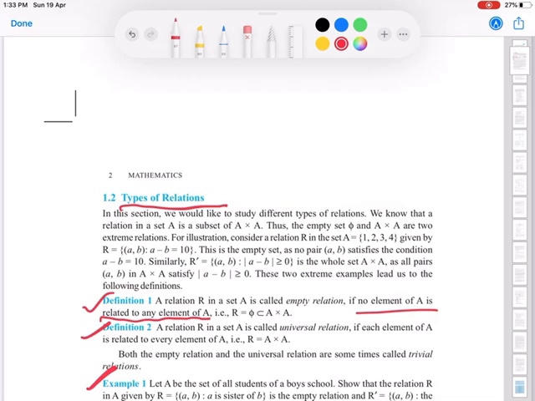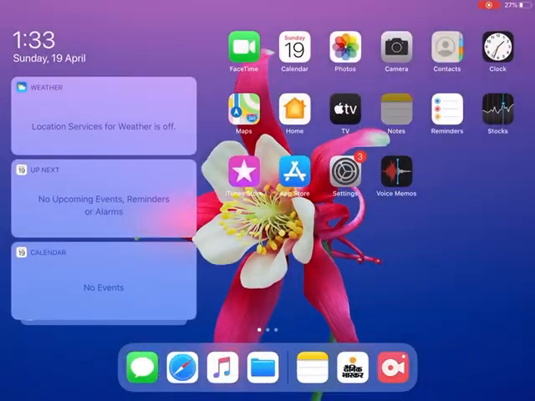There is another definition here which says that the relation R in a set A is called the universal relation if each element of A is related to every element of A, that is, R = A cross A. Now let us go back to the previous example, where A is {1, 2}.